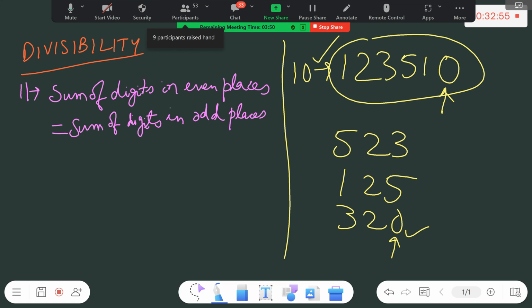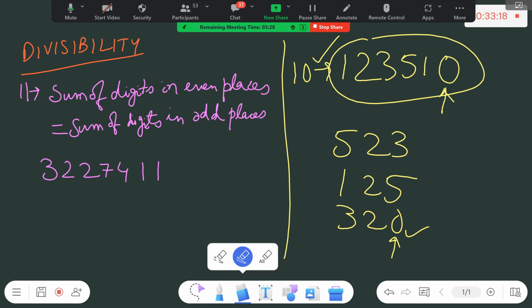Let us see this number. Let's say 32,27,411. So now, which are the digits in the even places and odd places? What do you mean by odd and even digit places? See, this is the first place.